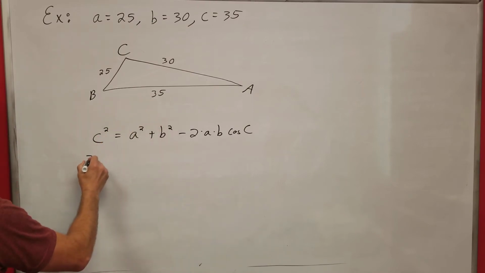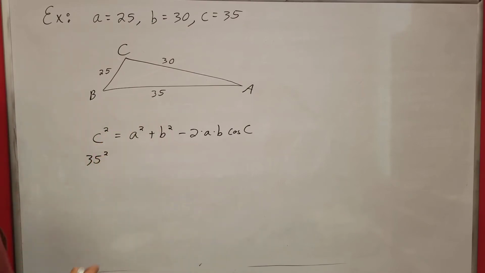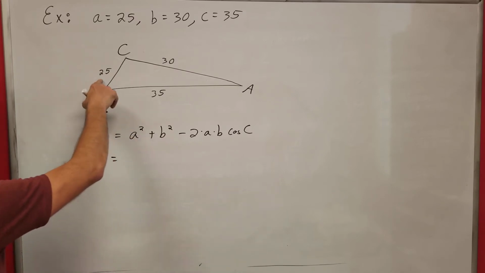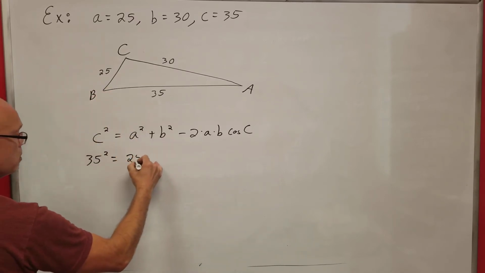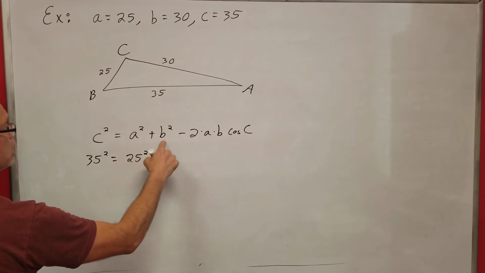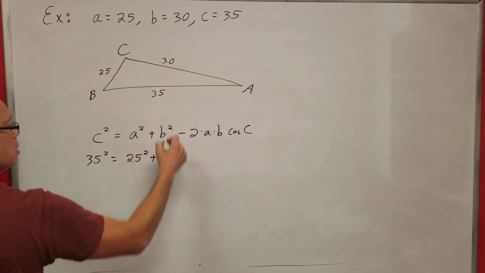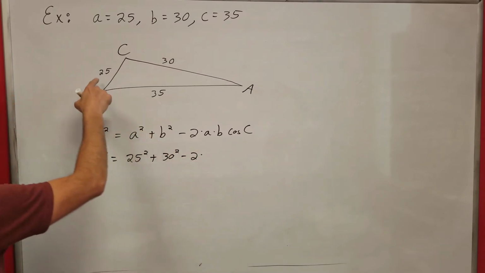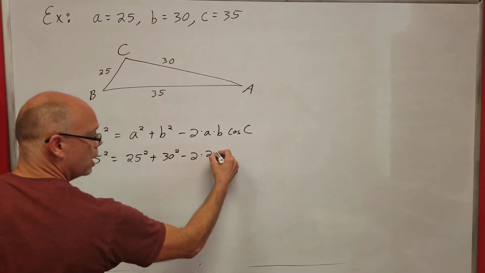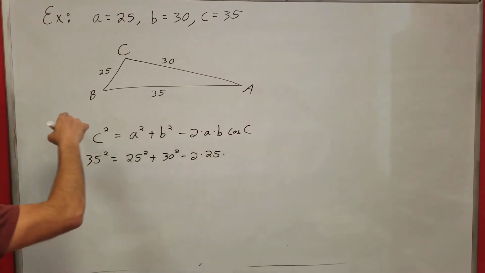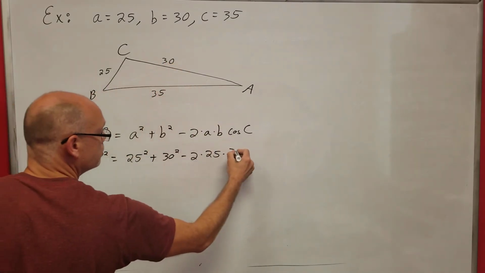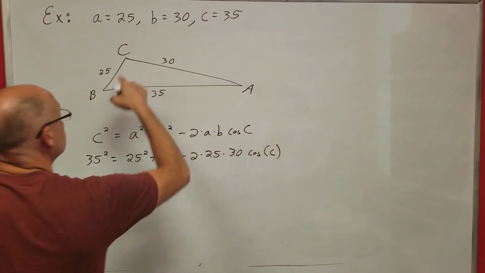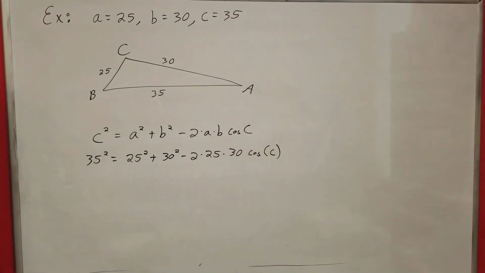Lowercase c is 35, so I have 35 squared is equal to, what's lowercase a? Lowercase a is 25, so let's put 25 squared. Plus, lowercase b is 30. Minus 2 times 25 times 30, times the cosine of angle C, which I do not know, but I'm going to solve for that.